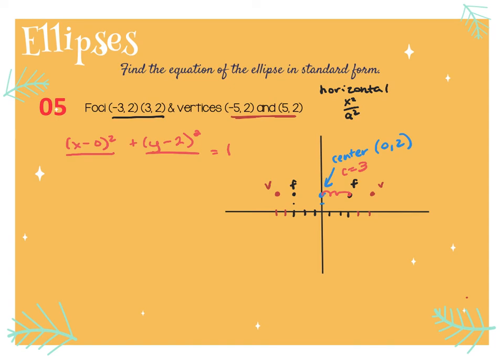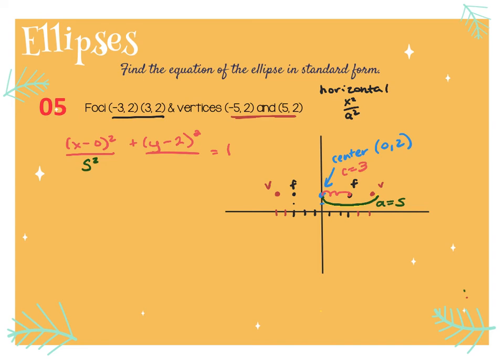A is what? Good. So A is 5. Left or right, both directions, A was 5. So now I have 5 squared is the bottom of that one.